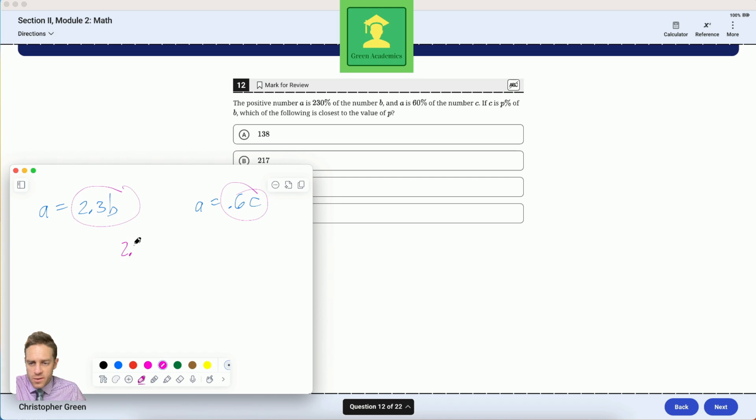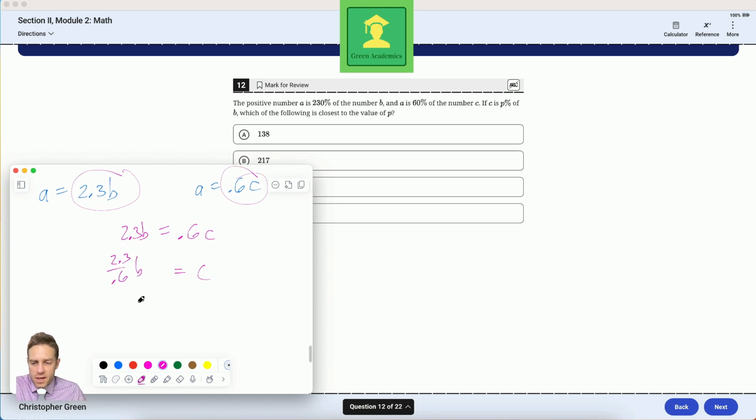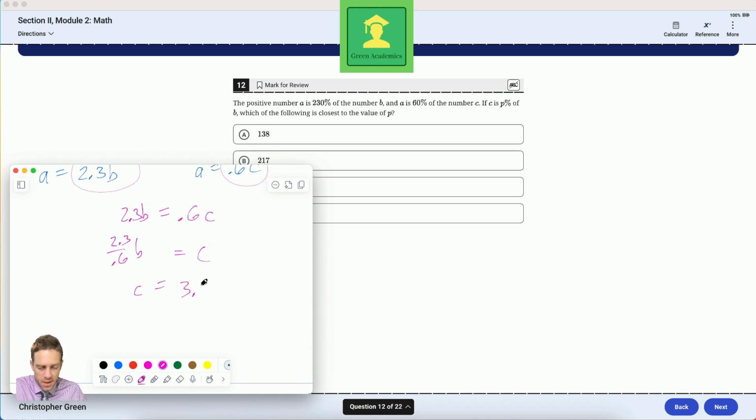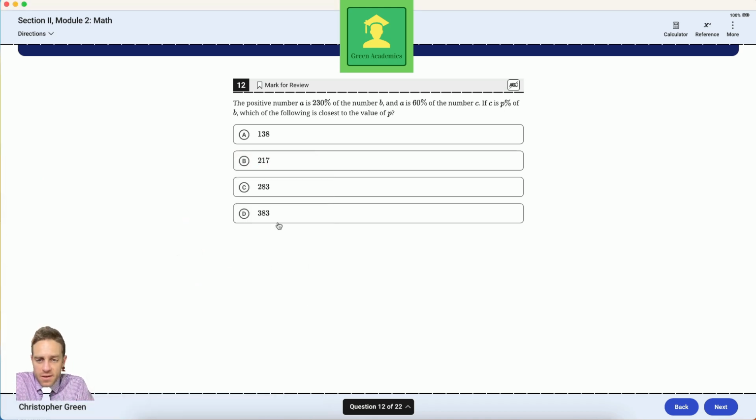So 2.3b equals 0.6c. Then it says c is p% of b. So you solve for c as in cat, like this. I'm going to write it the other way around. And I'm going to hit 2.3 divided by 0.6 on the calculator, and I get 3.83 repeating b. So c is 383% of b.